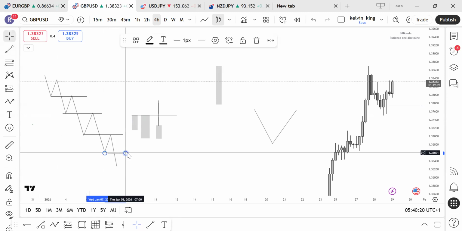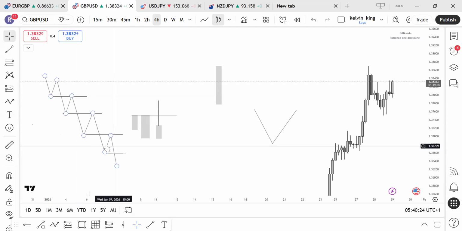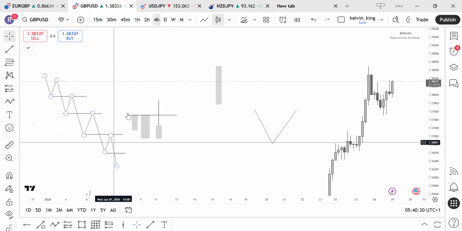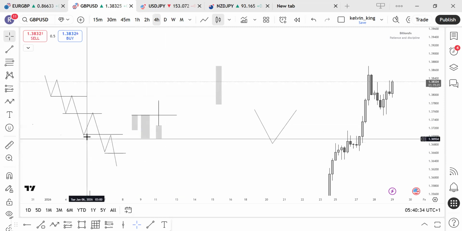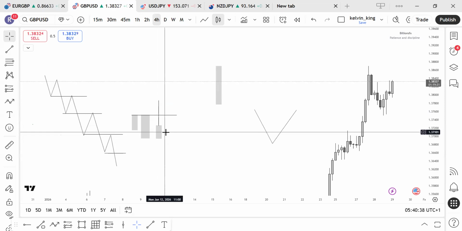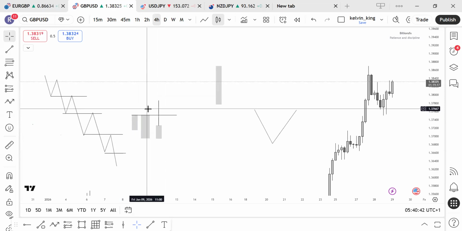Now, one thing is that it is not all these breakouts that will have this formation. So if we have just 1, 2 breakouts, then they will not have this third candle as a rejection, just a normal breakout level like this.